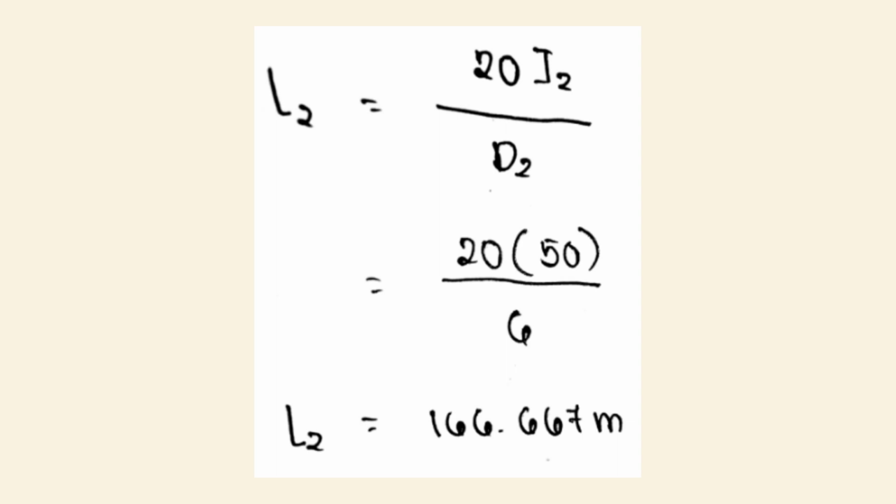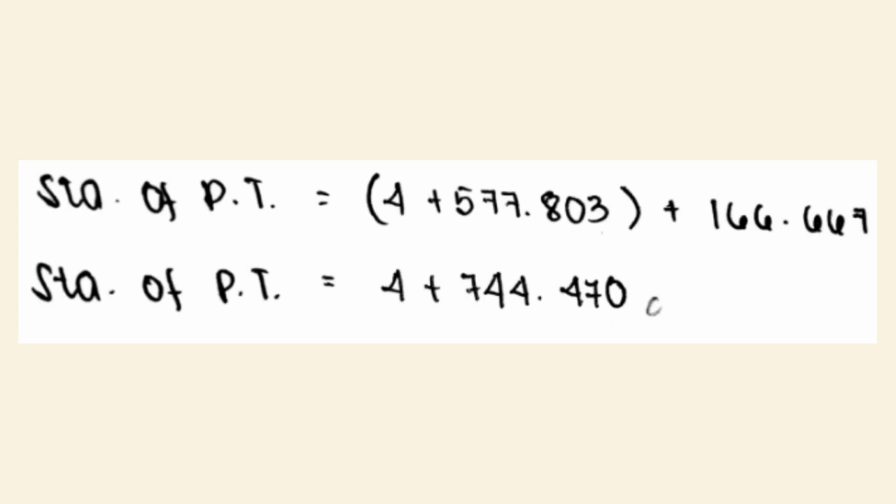Next, the value of L sub 2 would be computed as 20 multiplied by 50 degrees divided by 6 degrees, equaling to our L sub 2, 166.667 meters. So the stationing of the PT would now be the sum between the stationing of PRC and the value of L sub 2.